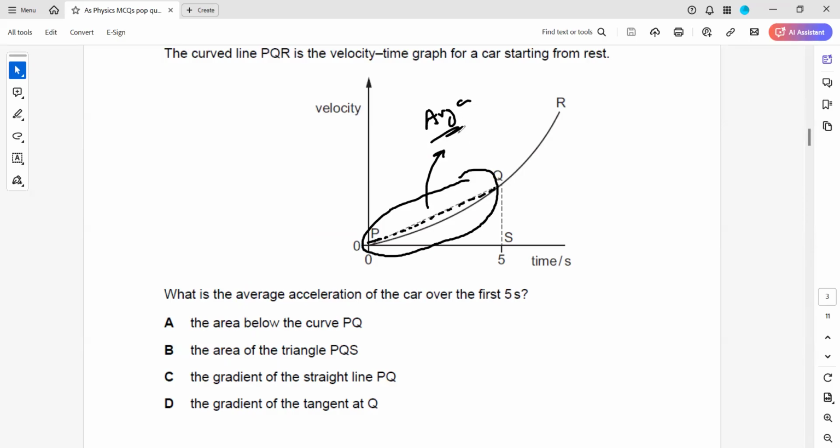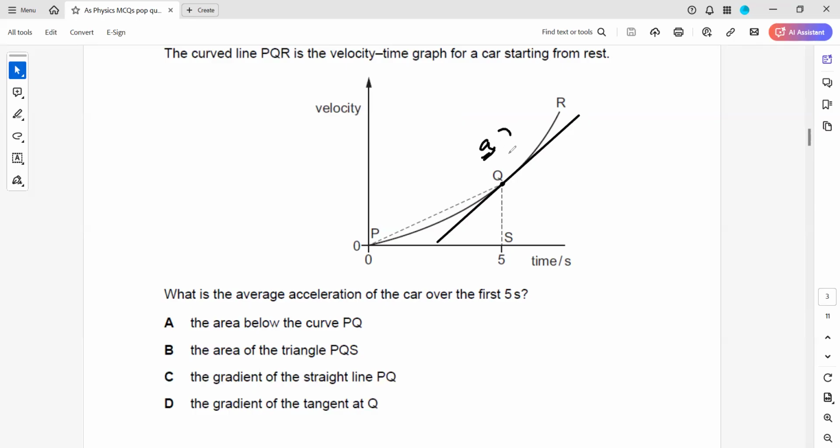But if we want an instantaneous acceleration at a specific point, then what do we have to do? We have to draw a tangent and find the gradient of the tangent. So if I need the acceleration at point Q, I have to draw a tangent at point Q, and then work out the gradient of this tangent, and that will give me the acceleration at that specific point.